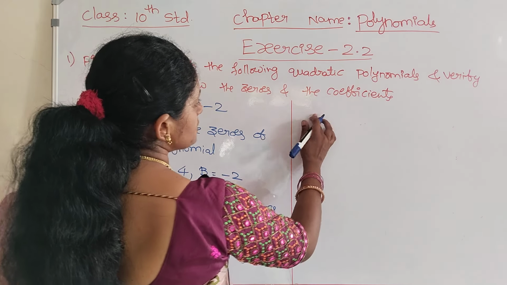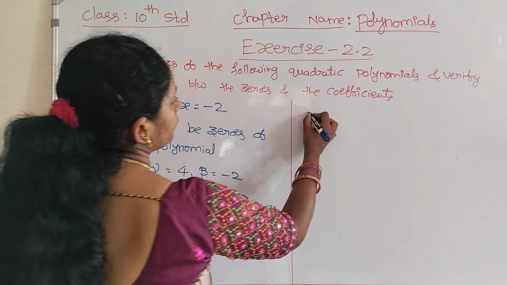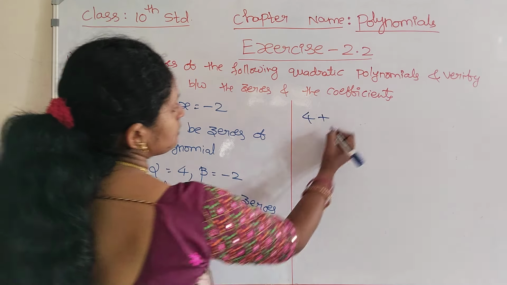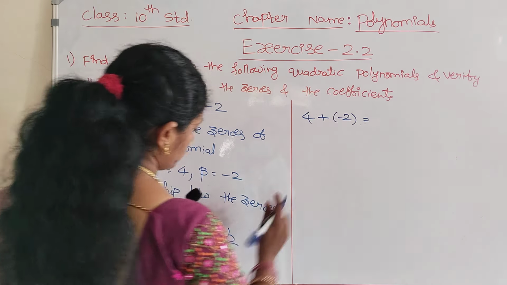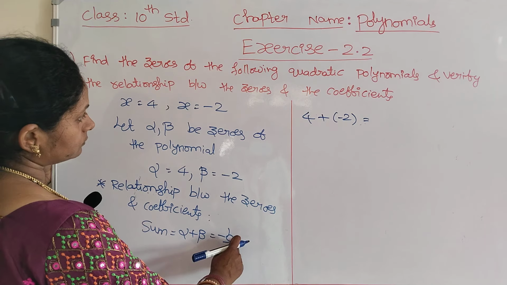Alpha is 4 plus beta is minus 2 equals minus b by a.